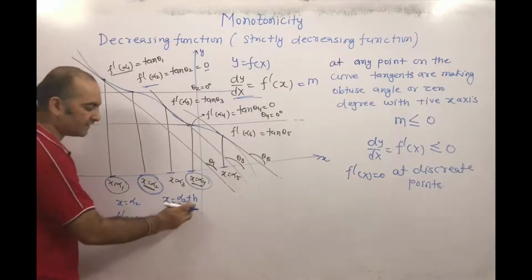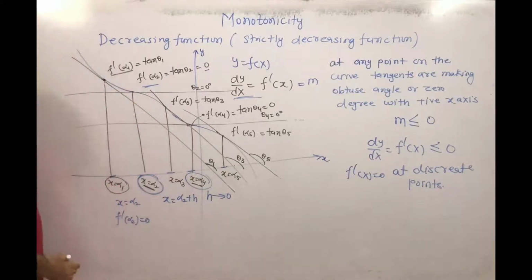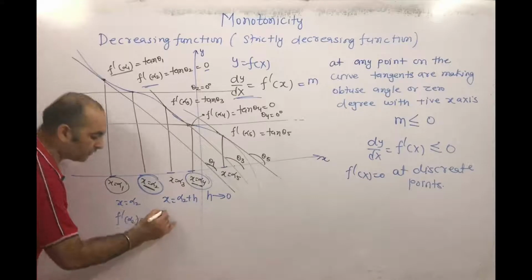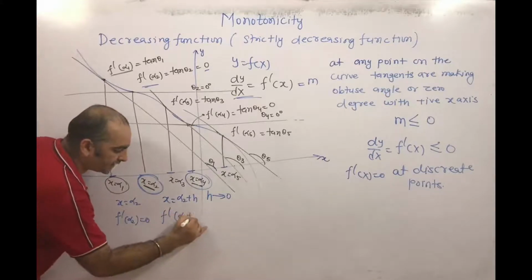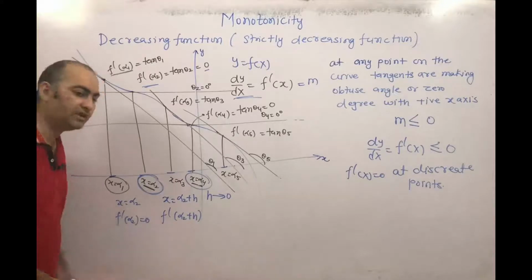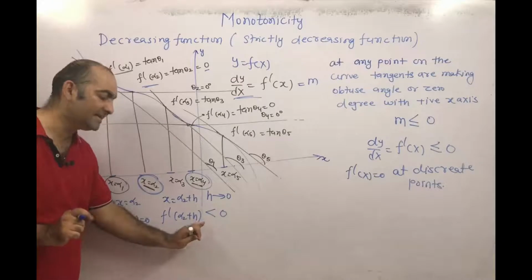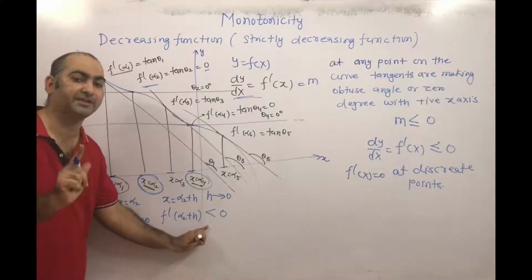So this point is right hand side of alpha 2, and h is very small. And if you find out slope, so what will come? F dash alpha 2 plus h. Okay, so for decreasing function, this value should come less than 0. It should not be 0, it should be always negative. Equal to 0 should not be there.